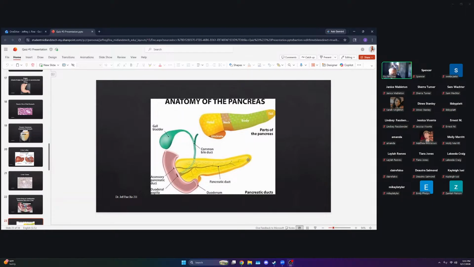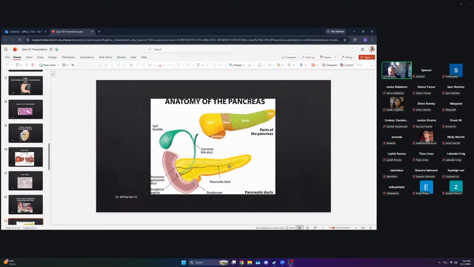This pancreatic duct is this long tube that runs the entire length of the head, body, and tail of the pancreas, and it has all kinds of branches that come off of it that, to me, again, not as much in this picture, but certainly more so in others, look a lot like the bones of a fish. So again, it's very easy to stick with the analogy of head, body, tail like a fish, and then the pancreatic duct being the spine of the fish bones with all the branches coming off in either direction.